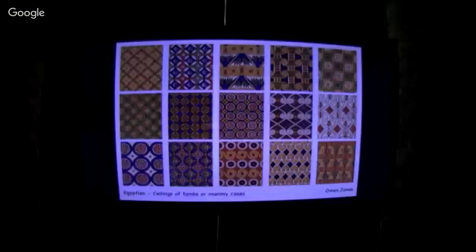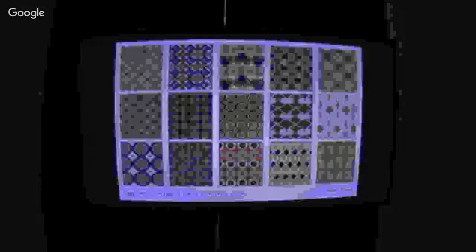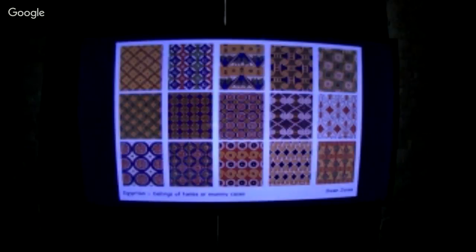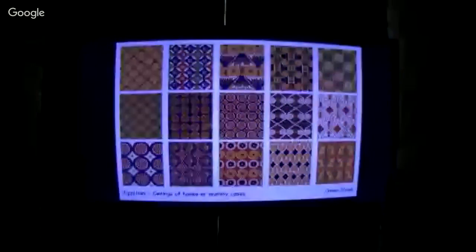According to Owen Jones, these are Egyptian ornaments, which you will find in the tombs of mummies. If someone important dies, they don't simply put him into the earth like the Arabs do, they put them in beautiful cases with ornaments, and these are all ornaments in those cases.